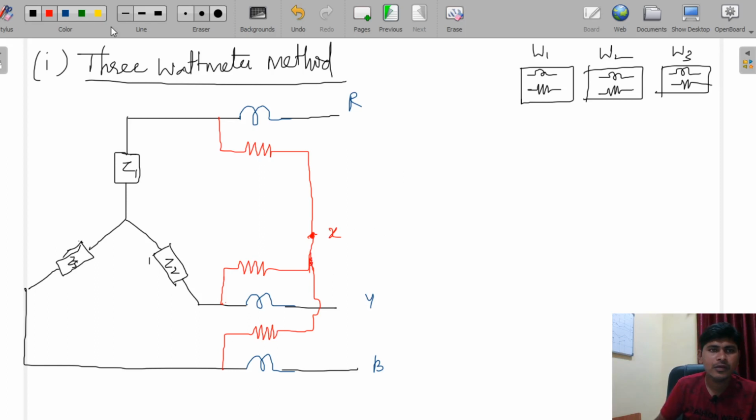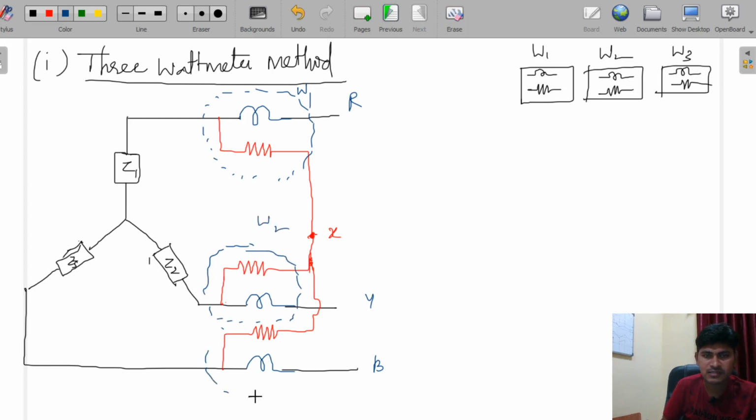Okay, now this makes one wattmeter, that is W1. This makes another wattmeter, that is W2. This makes one more wattmeter, that is W3.